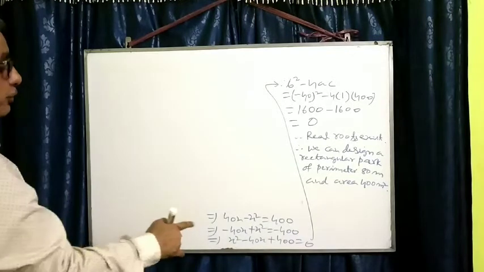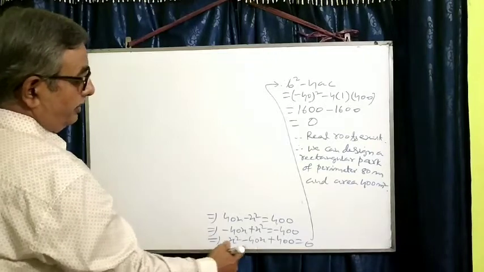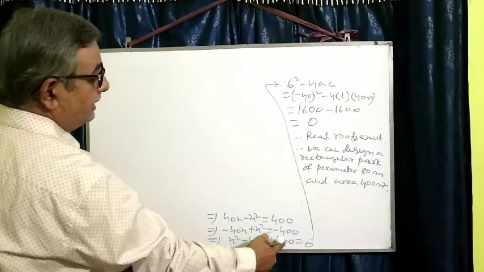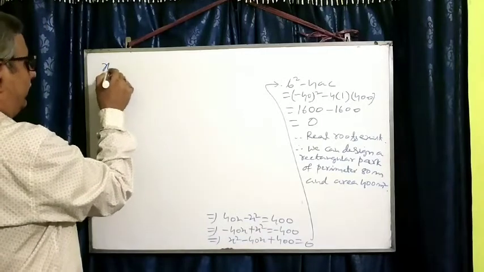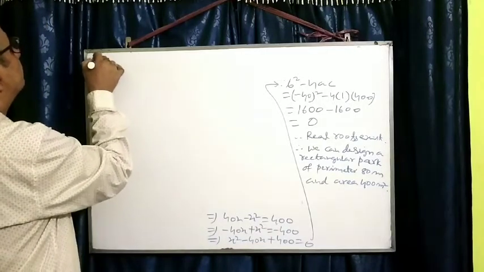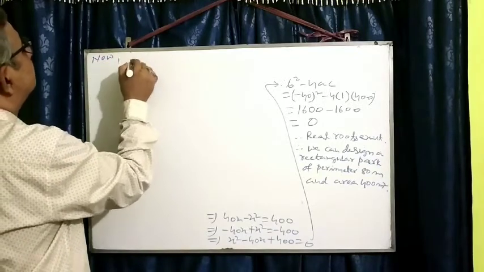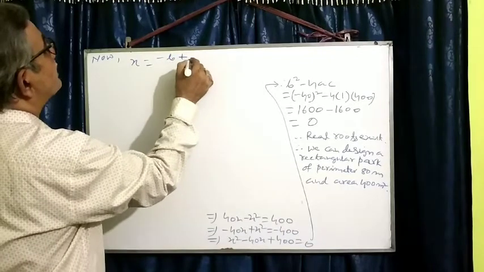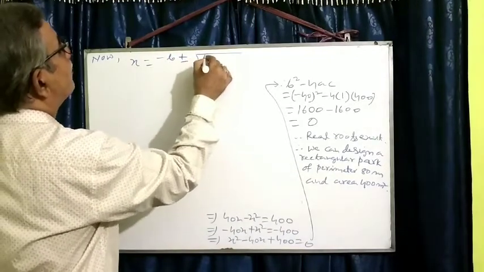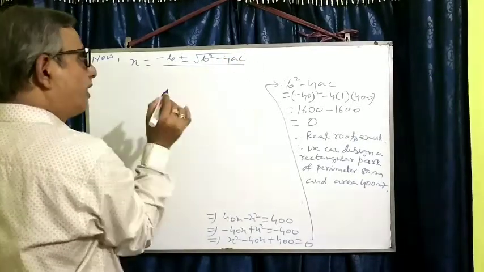You see how you can use the quadratic formula. Here A is equal to 1, B is equal to minus 40 and C is equal to 400. So x is equal to minus b plus minus root under b square minus 4ac, we are using the quadratic formula.